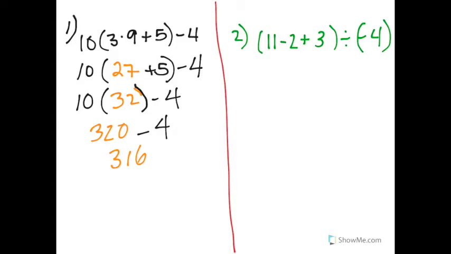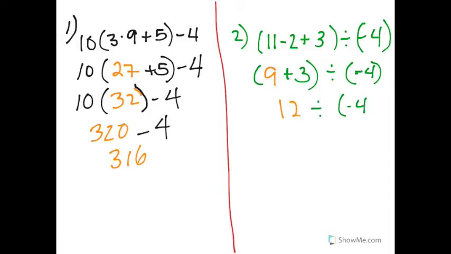The first thing we'll do is 11 minus 2, and 11 minus 2 is 9. And we're left with the plus 3 divided by negative 4. Now we'll do the 9 plus 3. Well, 9 plus 3 is 12 divided by negative 4. And then finally, 12 divided by negative 4 is negative 3.